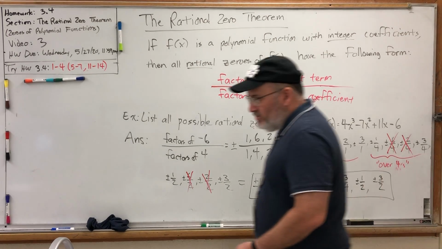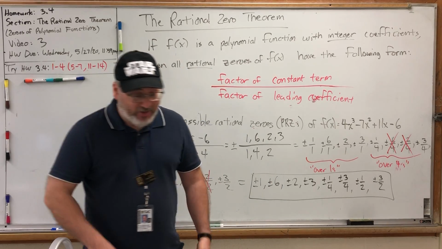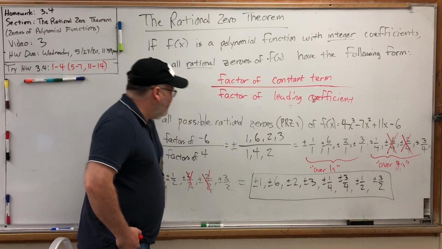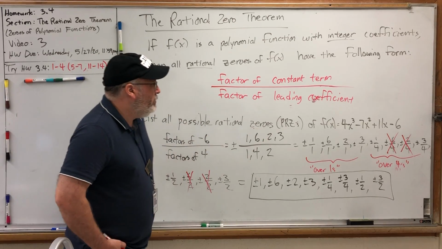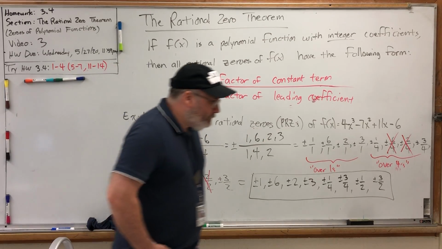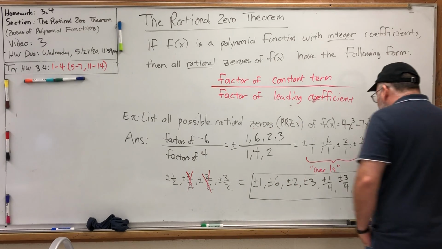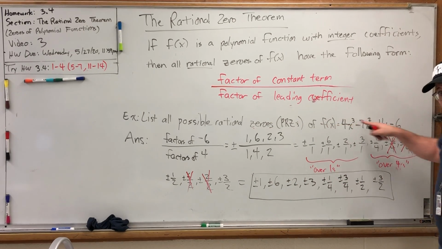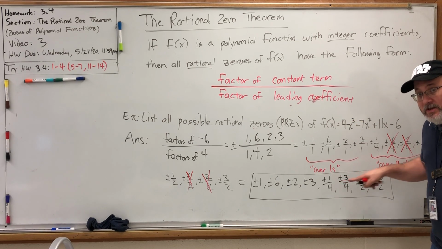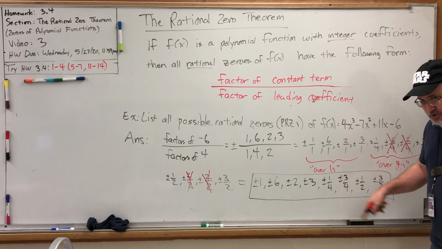Now before we wrap up this video, let me explain what this list of numbers is. It's exactly what its name says, possible rational zeros. That means if there is either an integer or a rational number that makes this equal to 0, it must be in this list.